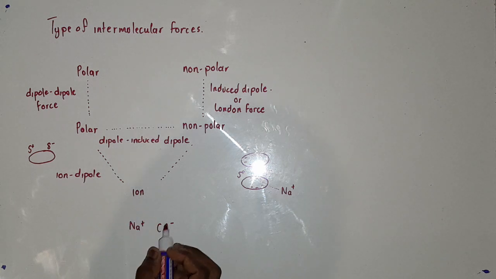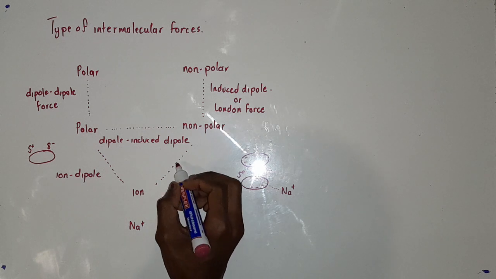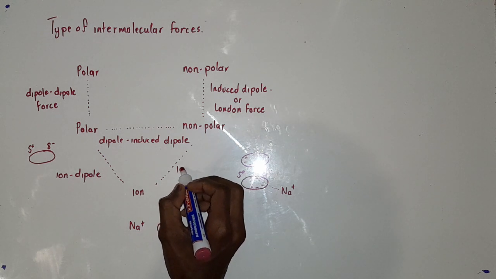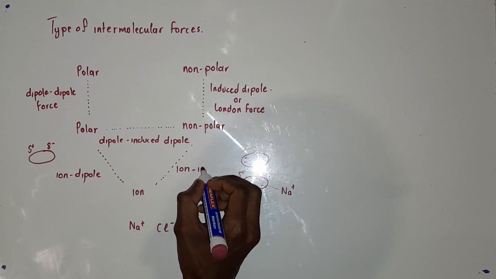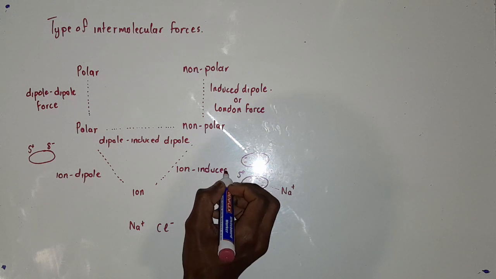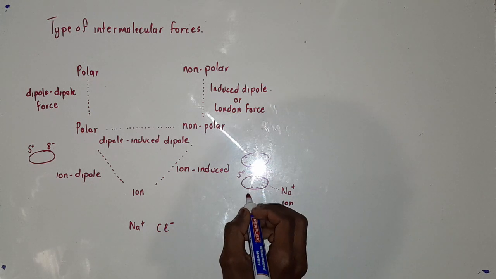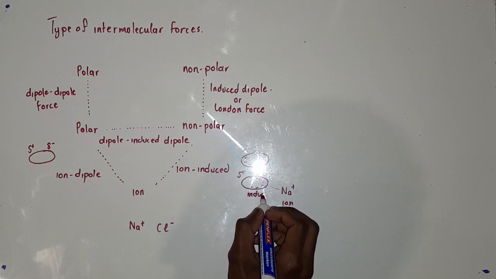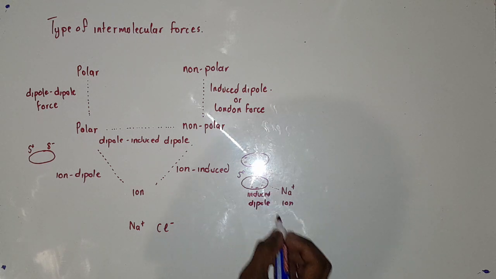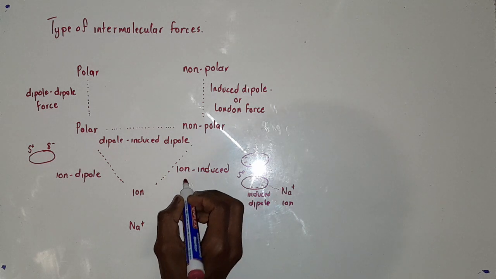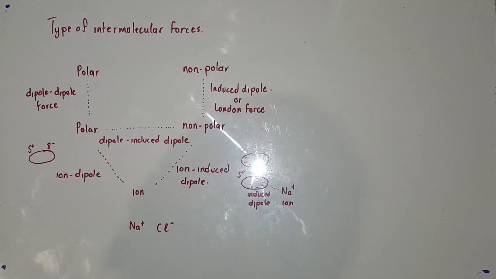Then if I take nonpolar together with an ion, I get an ion-induced dipole. Like in this situation, I have an ion here and an induced dipole. We get ion-induced dipole. Do you understand?